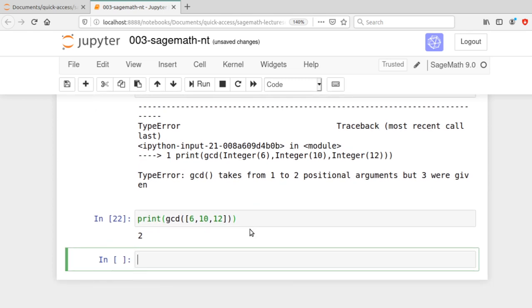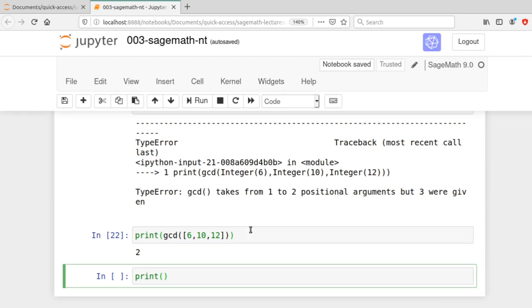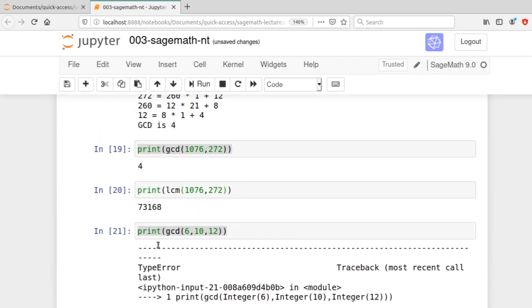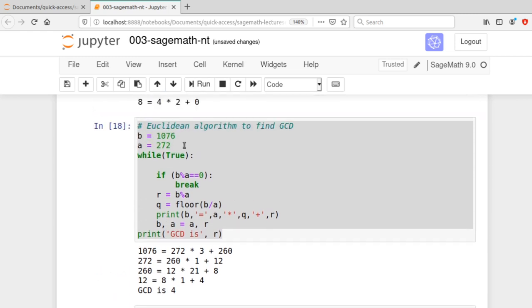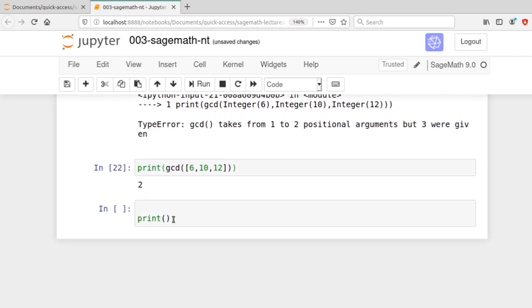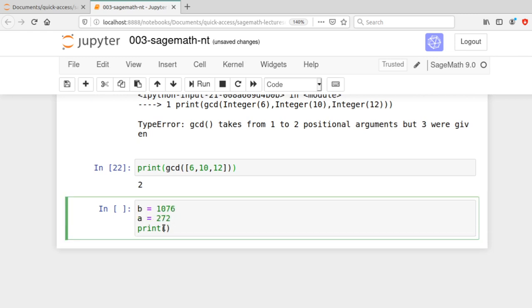Now we can verify one known result in our theory, which says that the LCM of two numbers times their GCD is equal to the product of the two numbers. Okay, let us see if it's correct or not. What is our A? What is our B? A is chosen to be this. B is this.